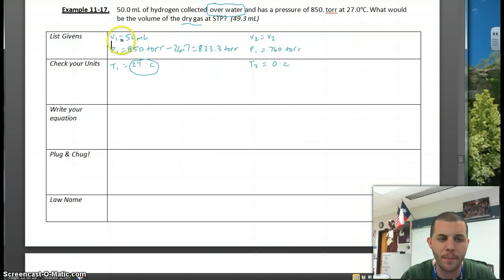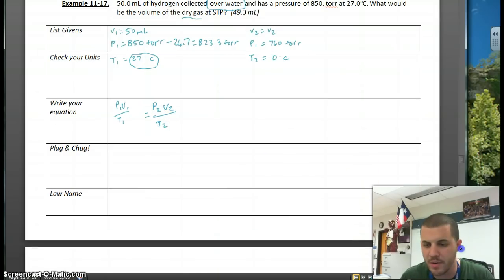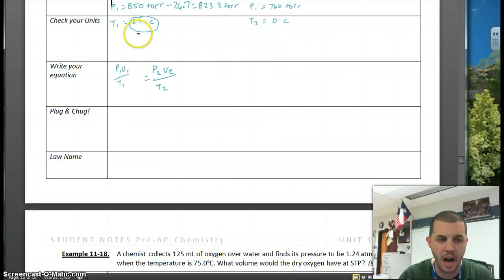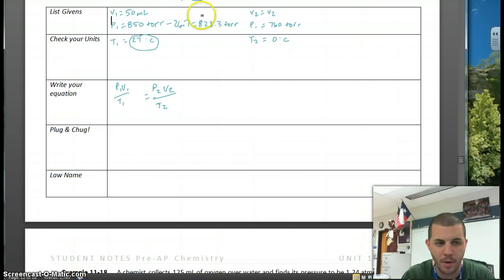So I've got V1, P1, T1, V2, P2, T2. I know that this is going to be a combined gas law situation, so we're going to do P1 V1 over T1 equals P2 V2 over T2. Now let's plug in what we can. My pressure that I'm dealing with is 823.3. My volume is 50.